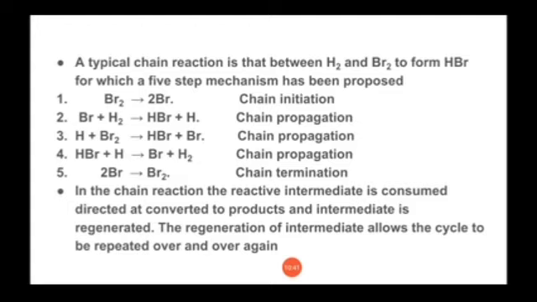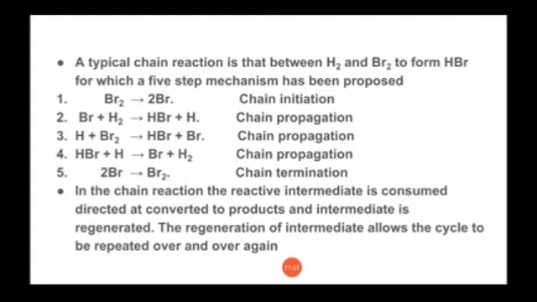In the third step HBr is produced, so it will be used in the fourth step. And in the last step Br2 is generated, which will be used in the first step. So it's a kind of chain, where products are used as reactants and reactants are converted into products. The regeneration of the intermediate allows the cycle to be repeated over and over again.